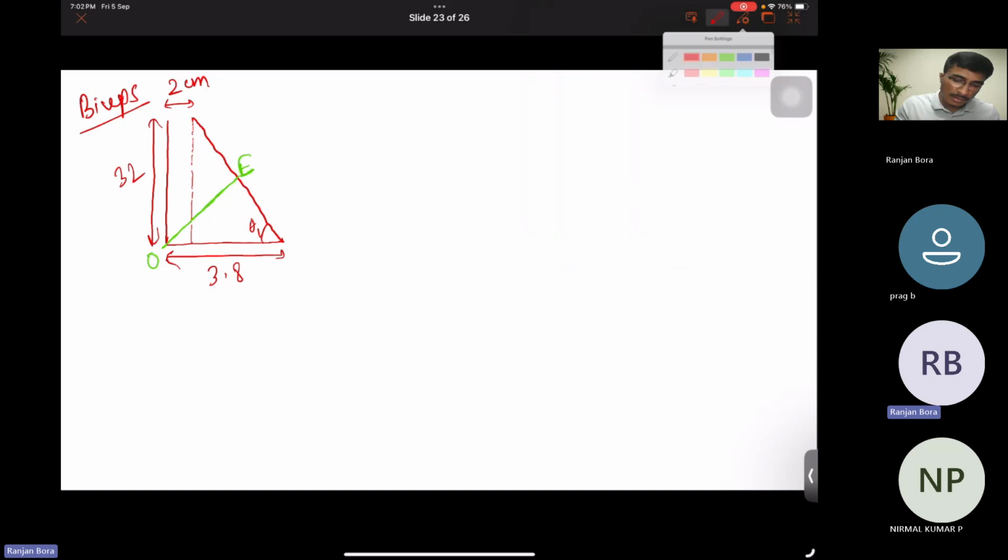In this case, tan theta 1 will be 32 divided by, we have to subtract this 2 centimeter, so it will be 1.8.